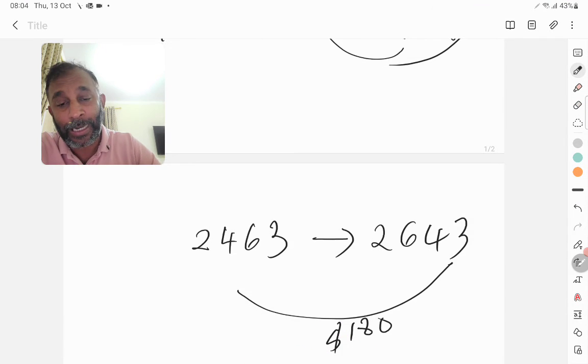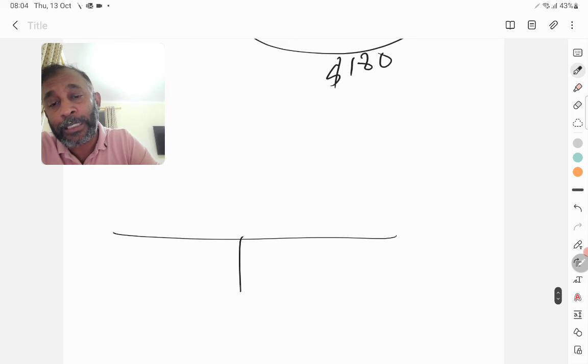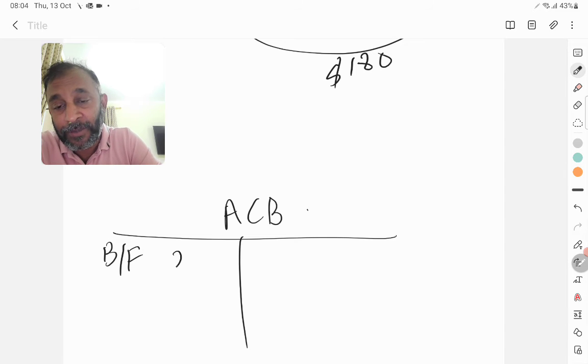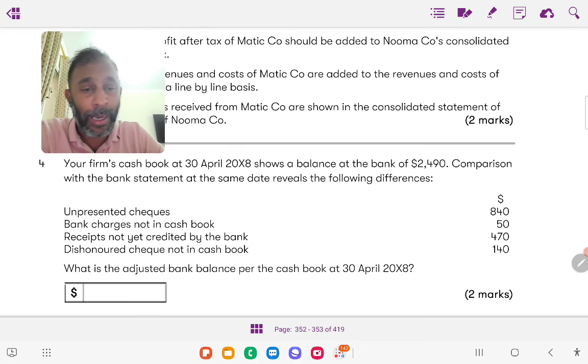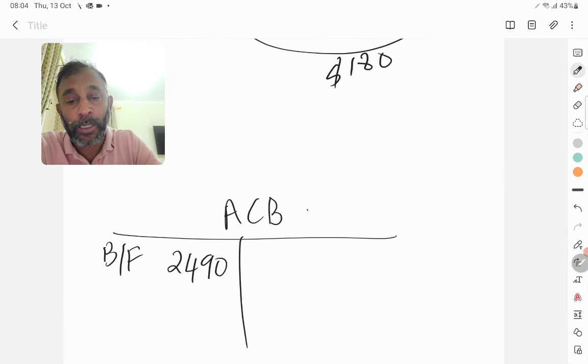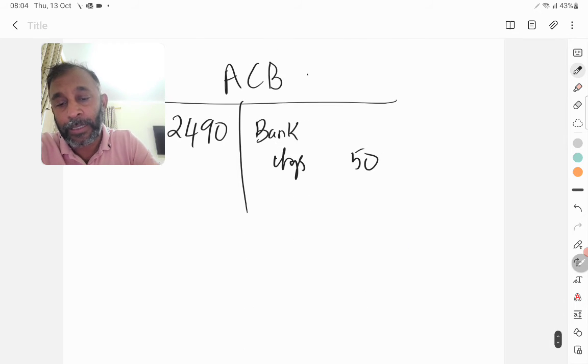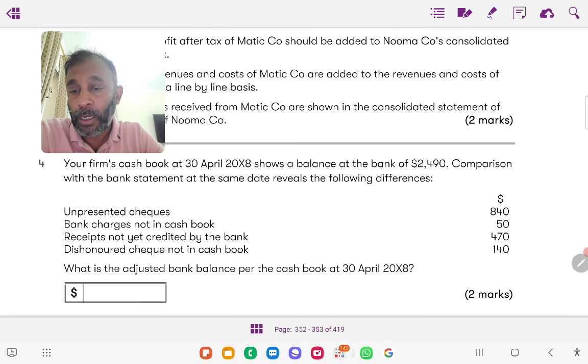What you must do is prepare an adjusted cash book, we call it ACB. We start with the balance brought forward, which is 2490, and then you have the entries related to the cash book. The second entry is bank charges not in the cash book, so we have bank charges 50, and then one more, dishonored checks not in the cash book 140.